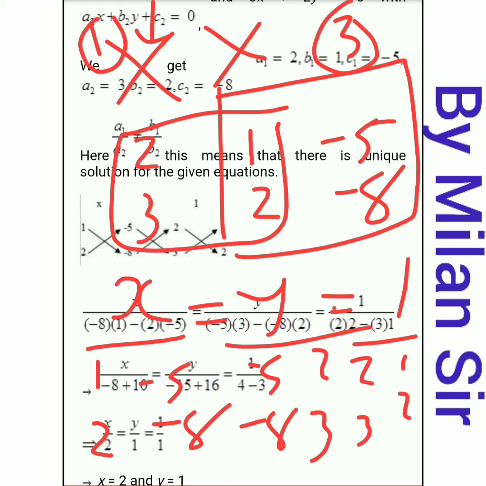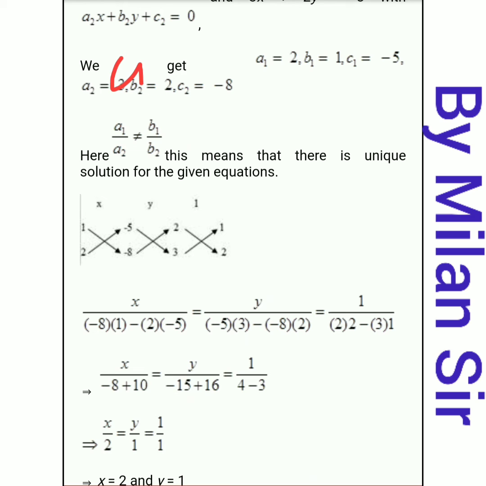Again, in the first term, we need to skip the first column. We need to write column number 2 and 3, right? Means we need to follow the sequence. Then in the second term, we need to skip the second column. So after second, it is third, so we need to write the third column and first column. And in the last term, that means in the third term, we need to skip the third column, so we need to write the first and second column. How do we get these columns?